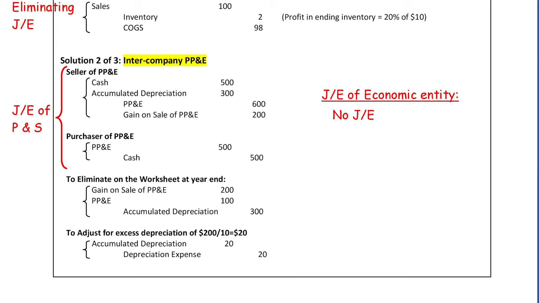So now we are looking at eliminating journal entry. So the first entry, the gain on the sale of PP&E, that's debited. You push up the PP&E account, debit it further and recreate, credit the accumulated depreciation account. You also need to make adjustments for any excess or lower depreciation due to the transaction.